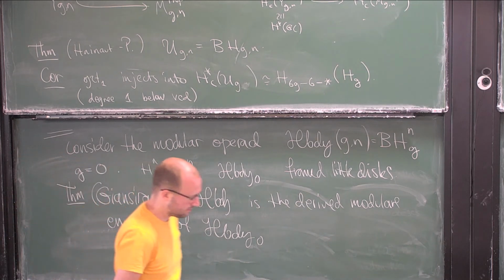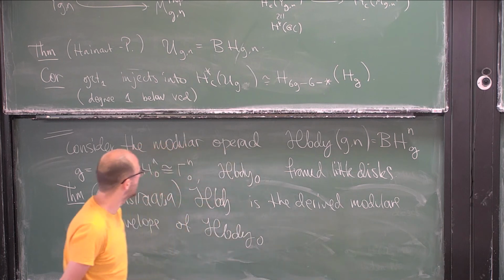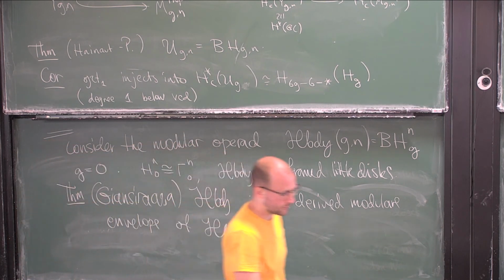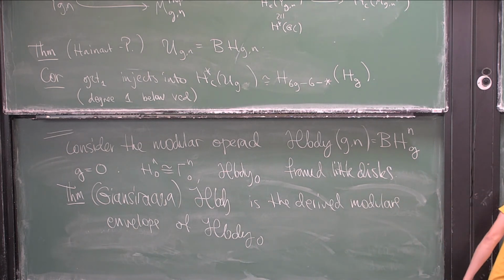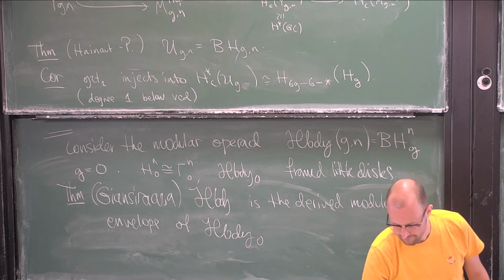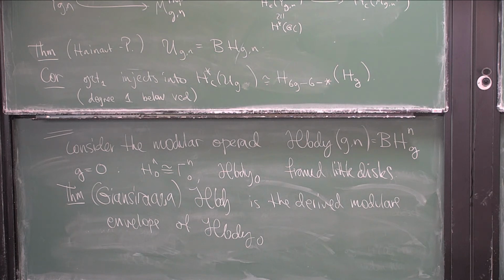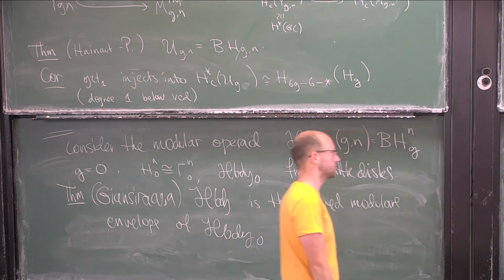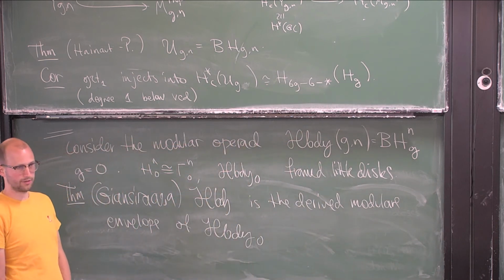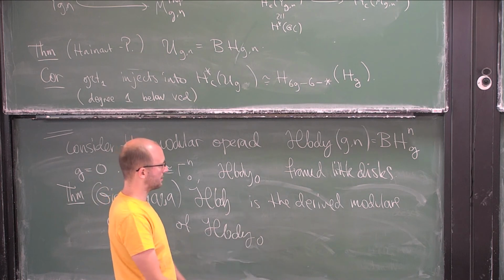Here's then the idea. I'm going to look at its surface operad, the modular operad whose genus 0 part is the framed little disks.